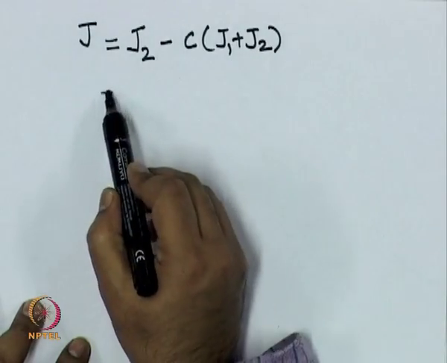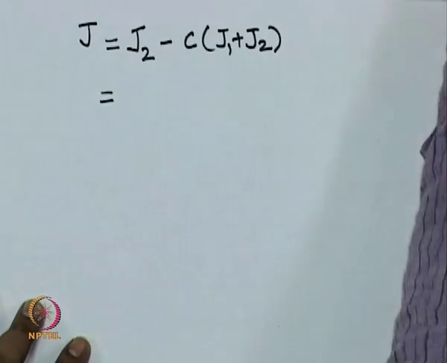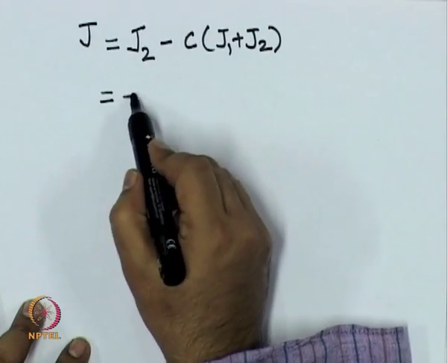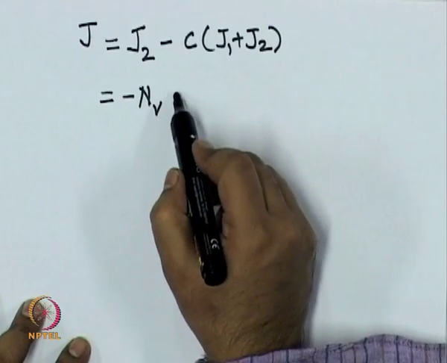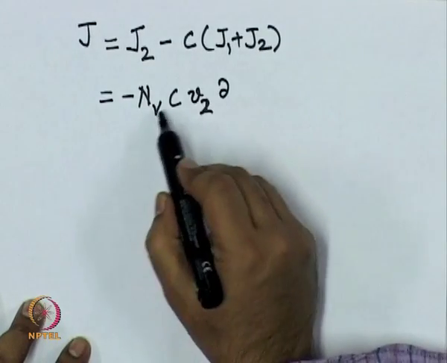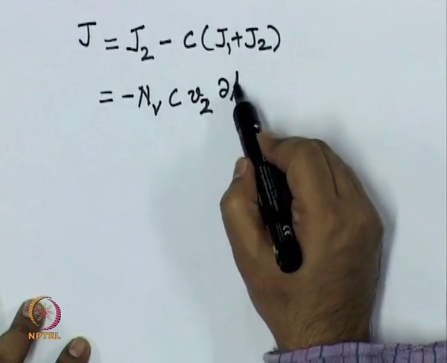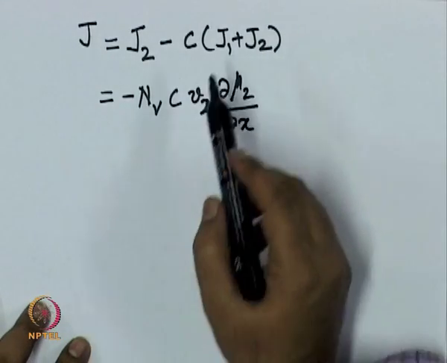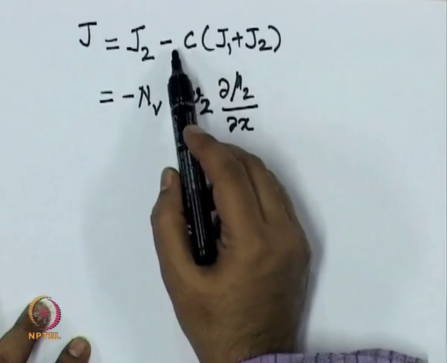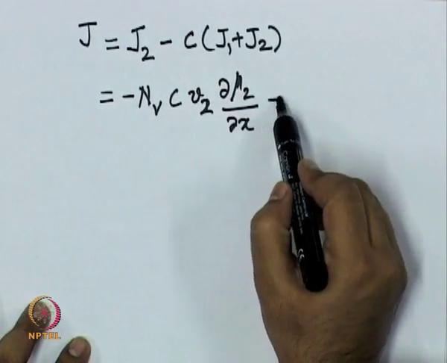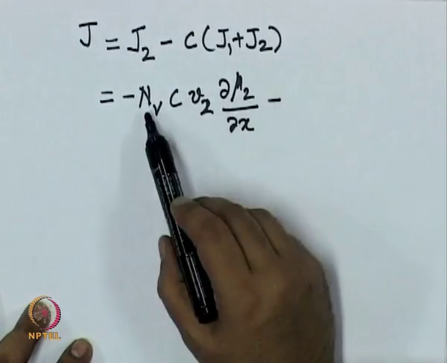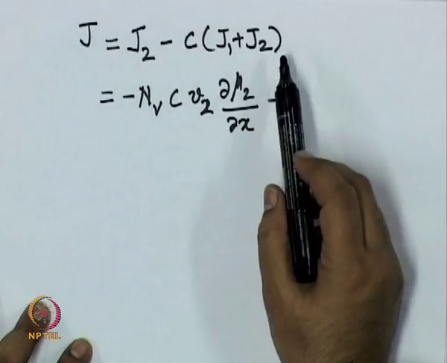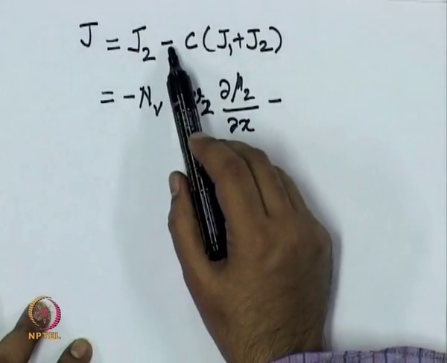If so, then I can substitute for J2. J2 I said is minus N V C V2 dou mu 2 by dou x, and similarly we have J1. There is a minus sign in the flux J1 and J2, so I am going to pull that minus sign out.